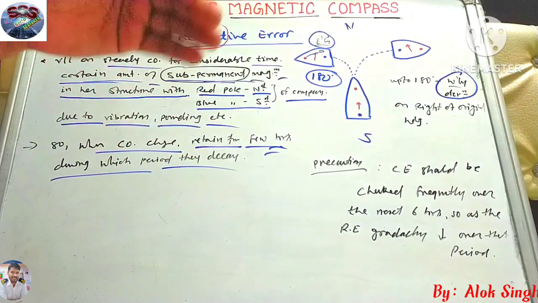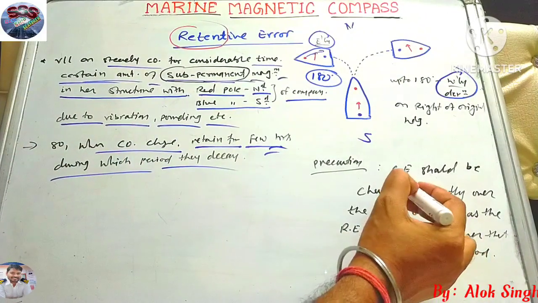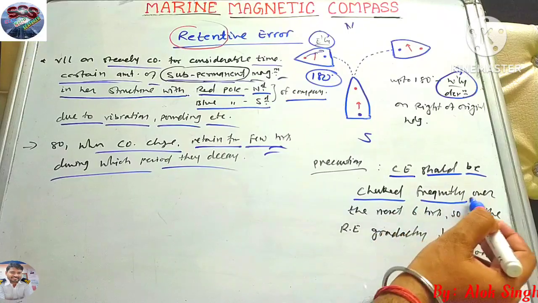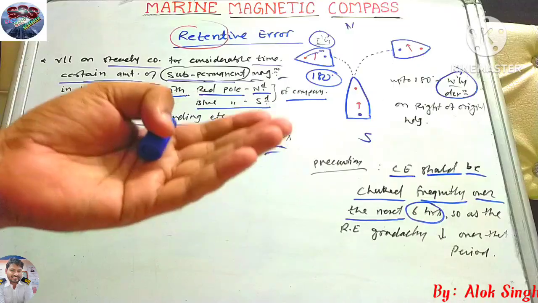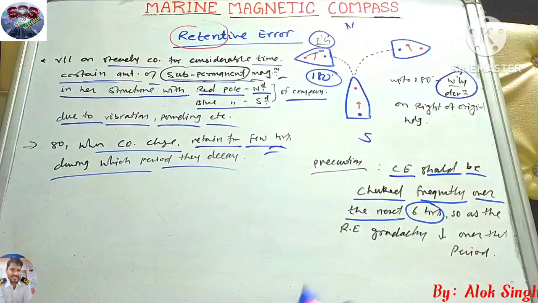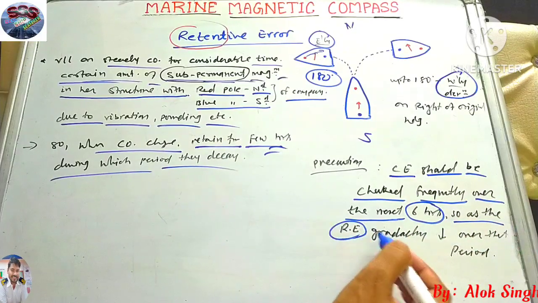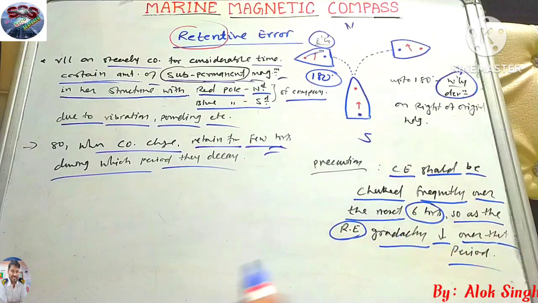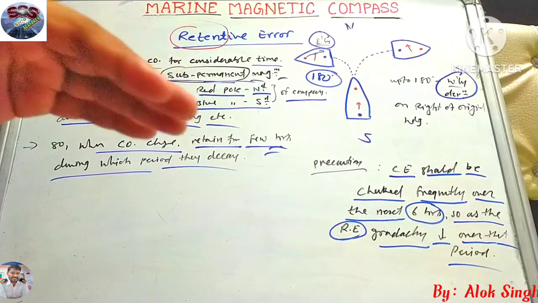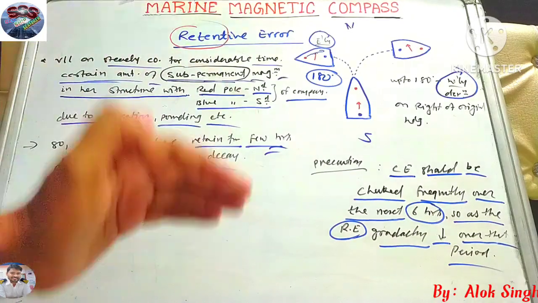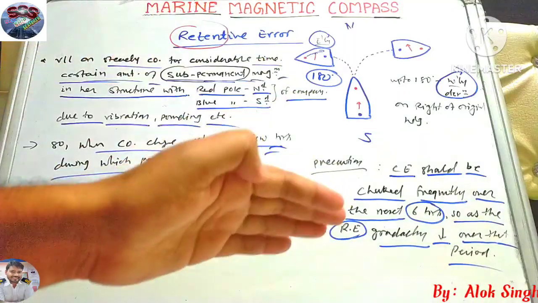So when we are altering course, what precaution are we supposed to take? I have written it here so that you can note it down. Compass error should be checked frequently over the next 6 hours, because we consider that 6 hours is enough to decay that effect. Over this period the retention error gradually decreases. Before that, don't take any compass error, because it will give a very large deviation and will not be correct.